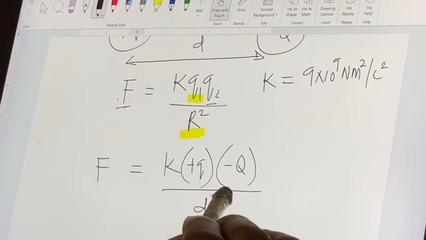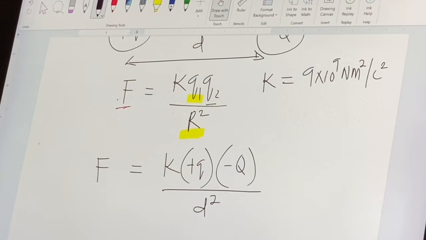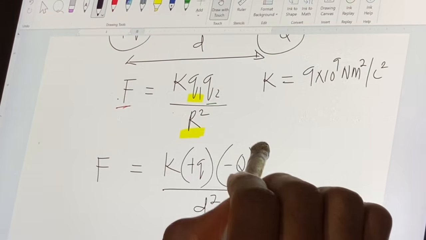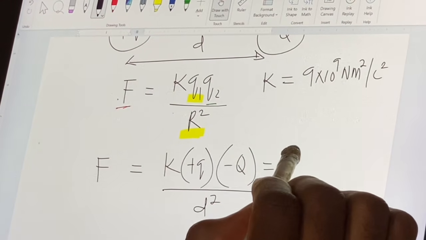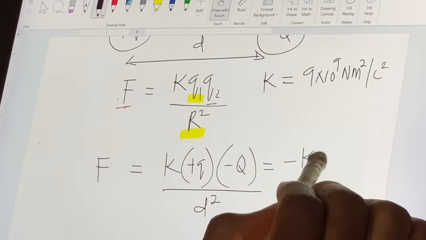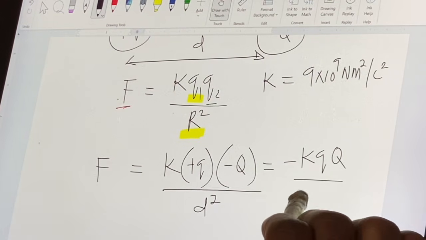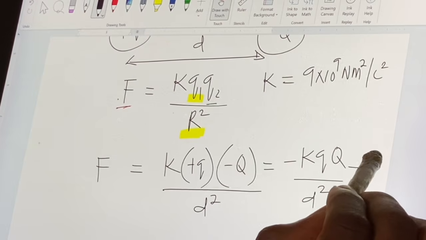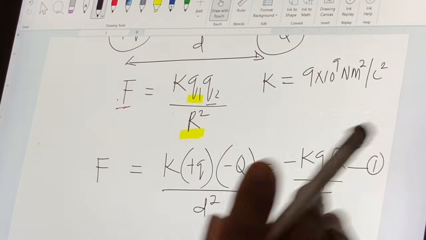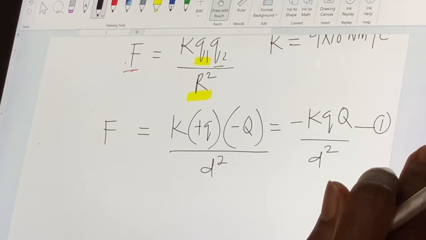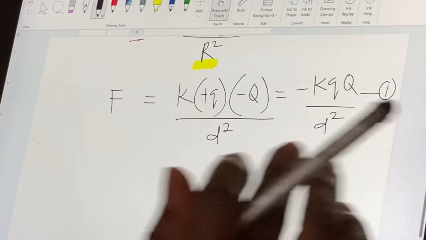We are replacing r with D, so the value will be D squared. If we multiply, this will be minus K small q capital Q over D squared. We'll call this equation 1. Please take note. Let's move over to the next statement.